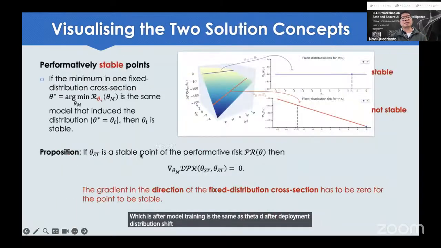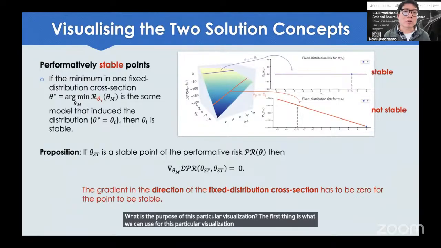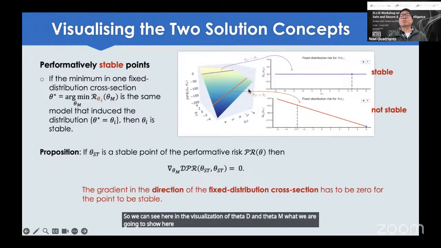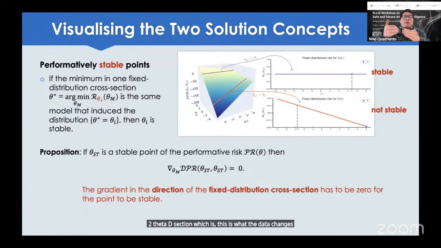What is the purpose of this visualization? The first thing we can use it for is to understand the two solution concepts. The first solution concept is the performatively stable point. In the visualization of theta d and theta m, supposedly you have a theta d section, which is where the data changes because of your deployed model.